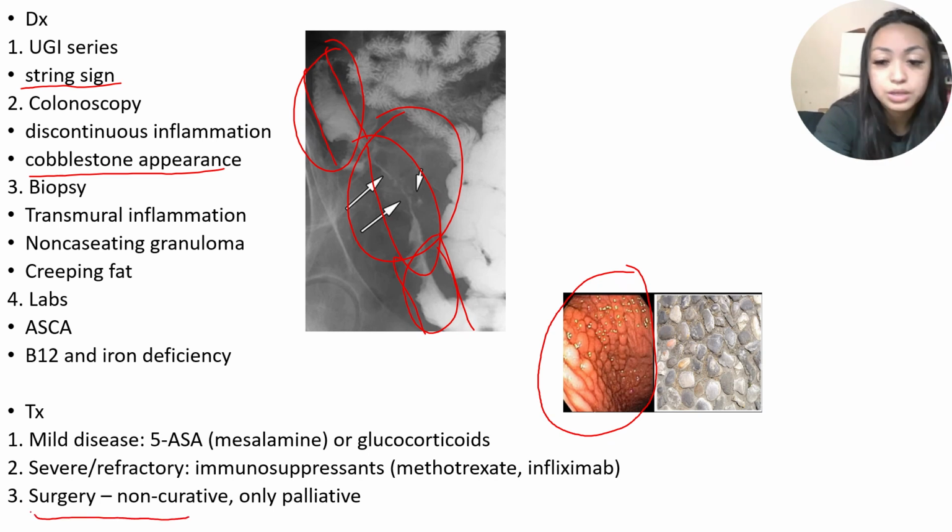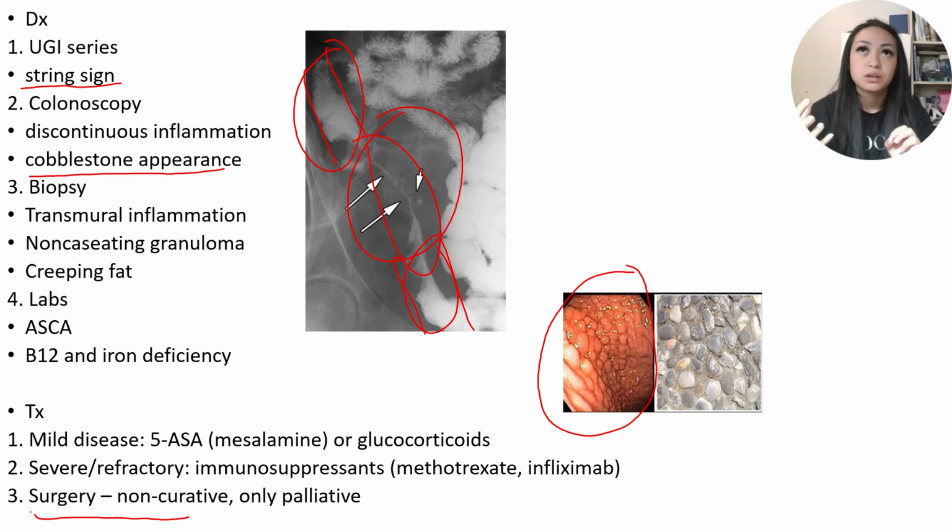Surgery we only do as symptomatic relief. This is typically just palliative care. If someone has a really severe case of Crohn's disease, and it's causing a lot of inflammation and problems in that patient, we can resect that portion of the GI tract that is severely inflamed.